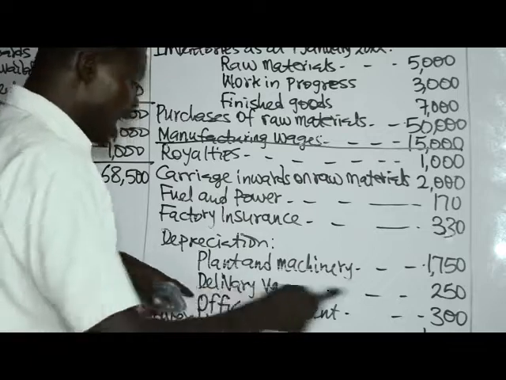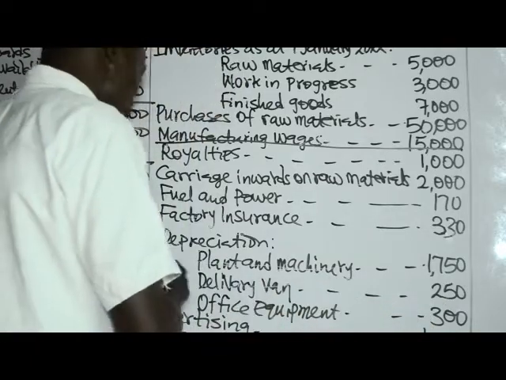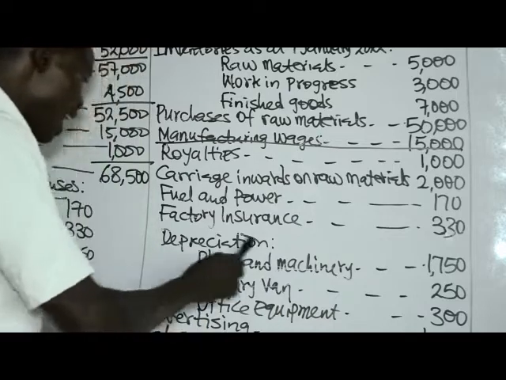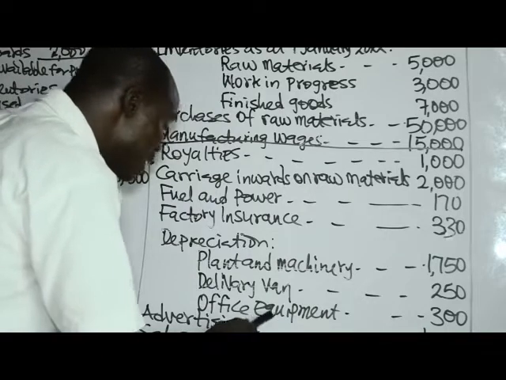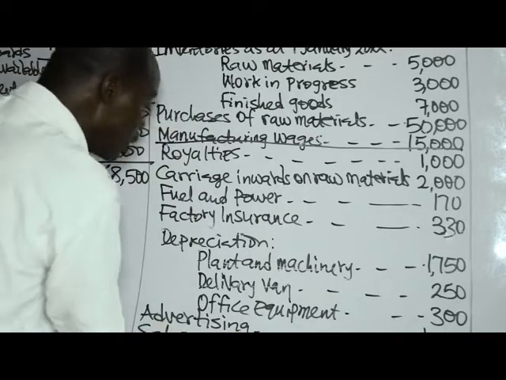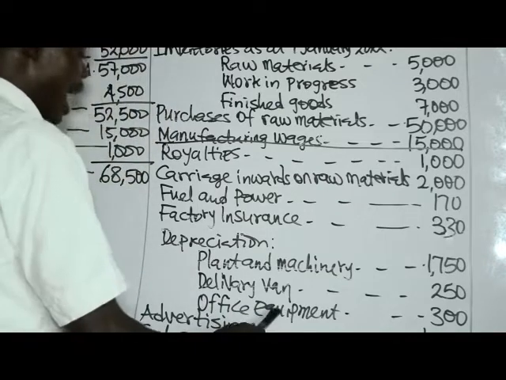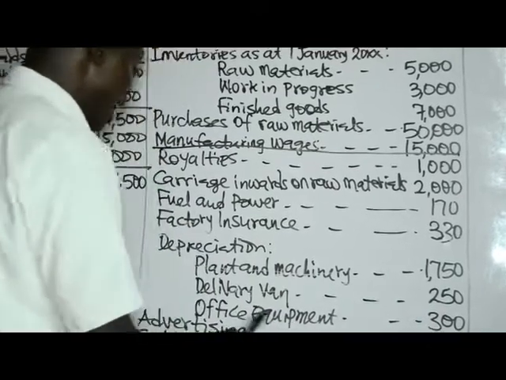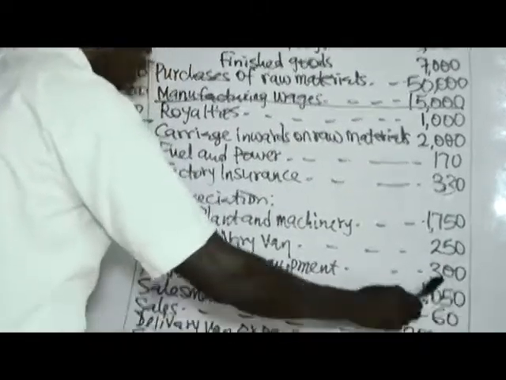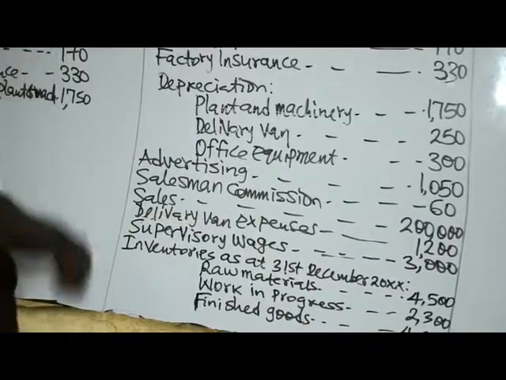Since it is a selling expense, it should not be treated as part of the factory overheads. Now, depreciation of office equipment. Since it is office equipment, not factory equipment, the depreciation of office equipment should be treated as an administrative expense. All office expenses should be treated as administrative expenses. So this should not be treated as a factory overhead because of the word office.